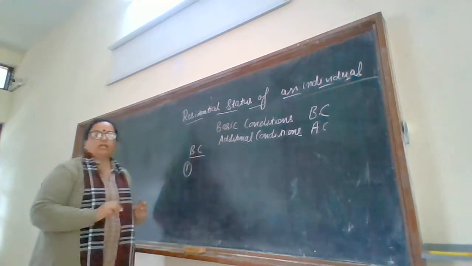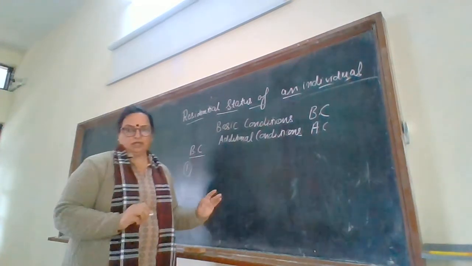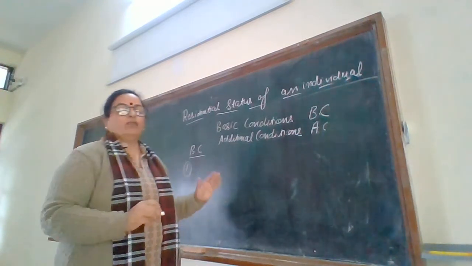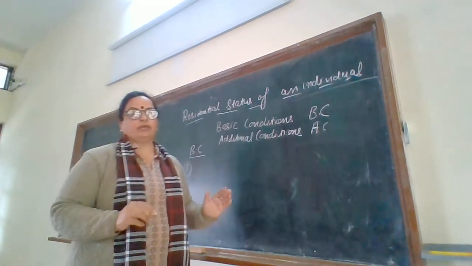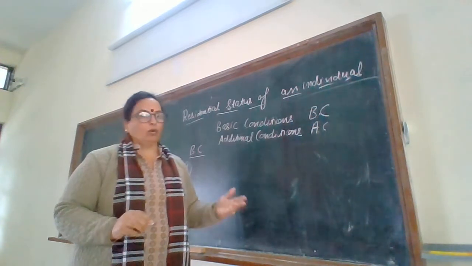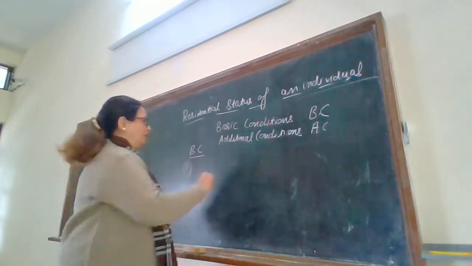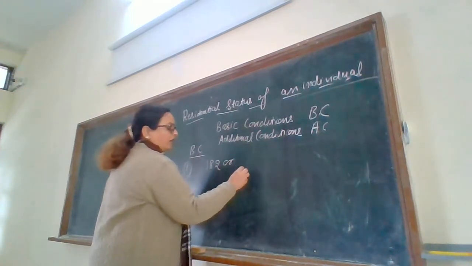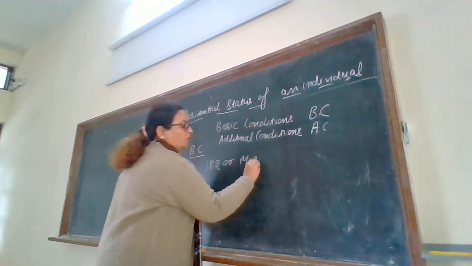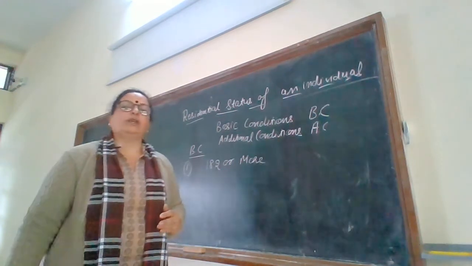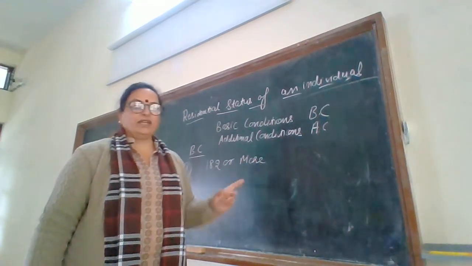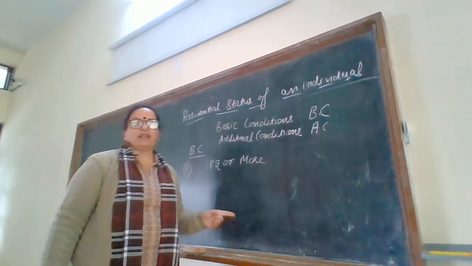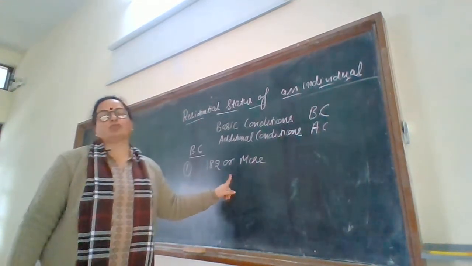Number one, the individual should reside or stay in India for at least 182 days in all or more in the relevant previous year. The relevant previous year means the year for which we are doing the calculation of taxation. In that year, the person should be physically present in India for at least 182 days.